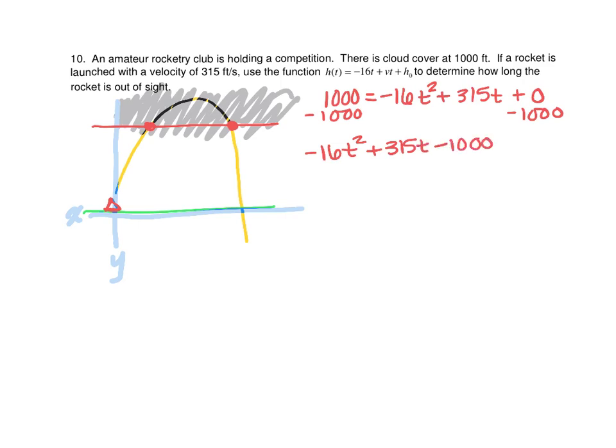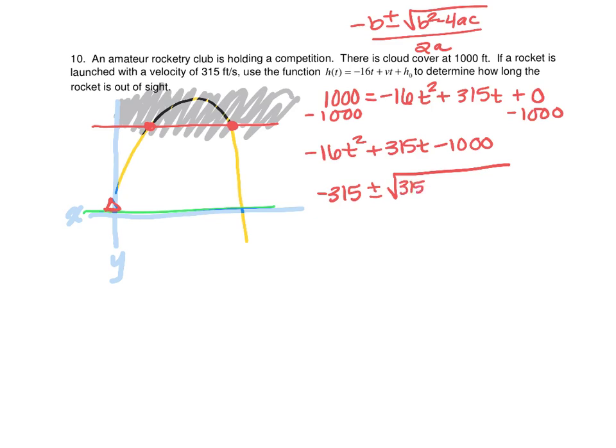These don't have a greatest common factor, so I can't factor it that way. So what I'm going to do is use the quadratic formula, which again is negative b plus or minus the square root of b squared minus 4ac all over 2a. So I'll have negative 315 plus or minus the square root of 315 squared minus 4 times negative 16 times negative 1,000 all over 2 times negative 16.